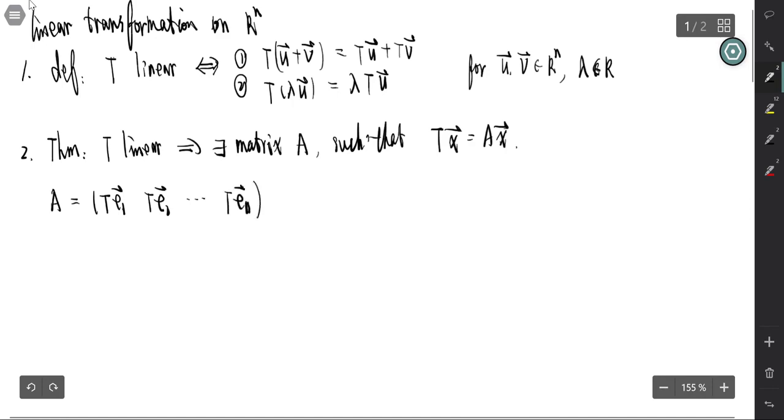That means the column vectors of A are all transformations of the standard basis.